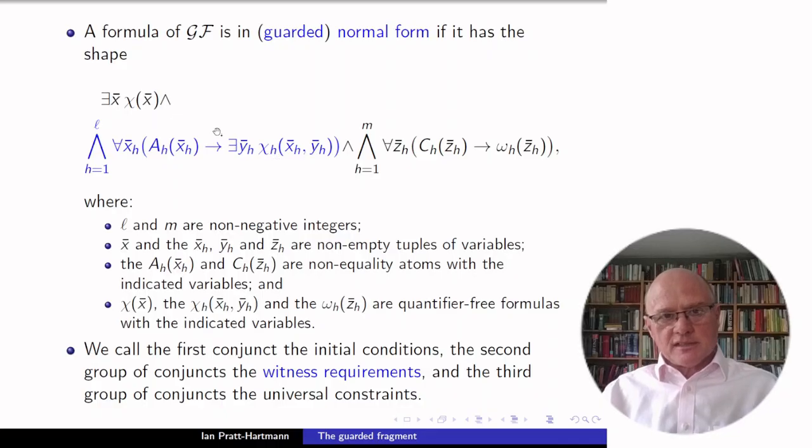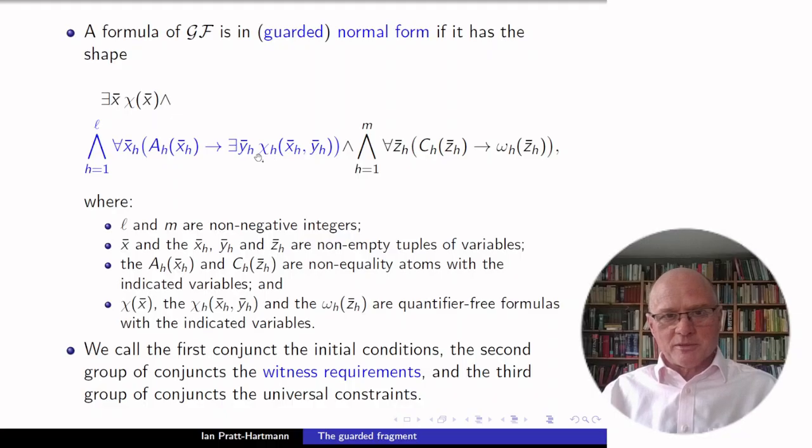So this is a universal existential formula. There's an antecedent, so it's guarded. The universal quantification is guarded. This whole formula has to be guarded, so at least if there's more than one variable in this tuple, there'll have to be a guard in this formula chi. That's fine. You can assume there's a guard there.